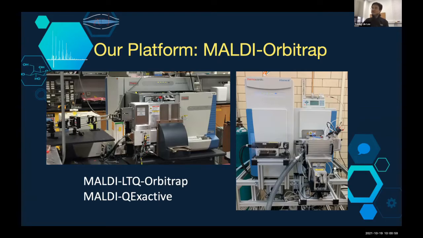These instruments also have MS/MS capability so that we can directly determine structural information from the tissues. Of course, FTICR, like Chris Anderton had, and newer mass spec imaging instruments like timsTOF might be as good or even better, but this has been working fine for us so far.